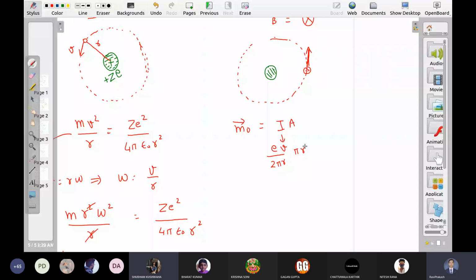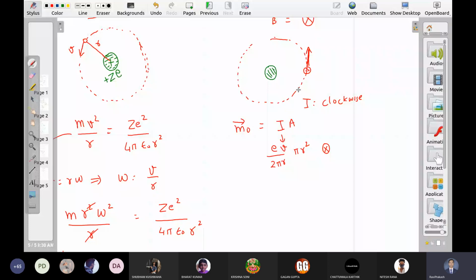Inwards. Cross or dot? Cross. It is cross, right? Because the electron is moving clockwise, I is going anti-clockwise. So the magnetic moment is along this direction. This is the initial magnetic moment when there was no magnetic field.